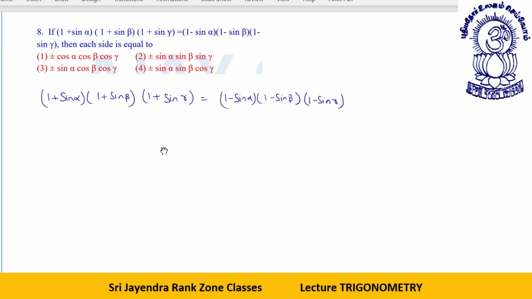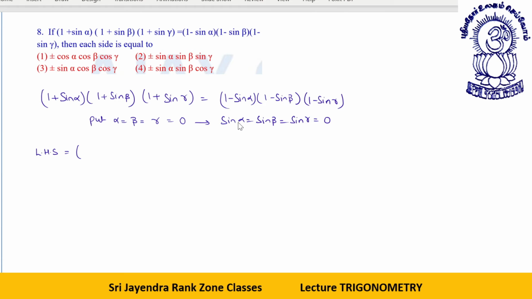I can assume values. What values can I assume? Look, we have 1 plus sine alpha, 1 plus sine beta, 1 plus sine gamma. Let's say put alpha is equal to beta is equal to gamma is equal to 0. If I put each of these equal to 0, what will be the LHS? Sine alpha, sine beta and sine gamma will all be equal to 0.